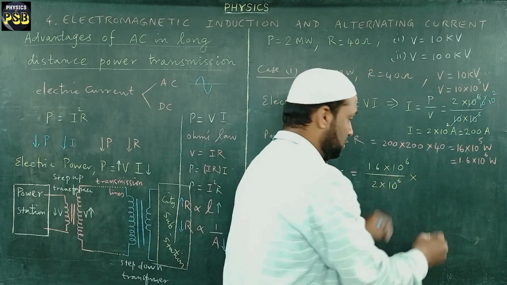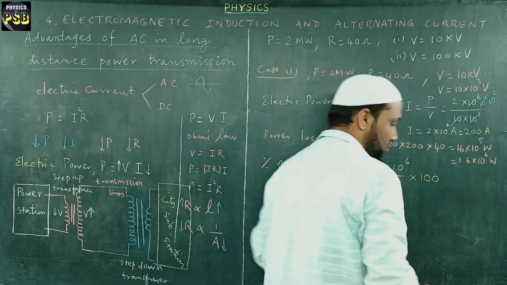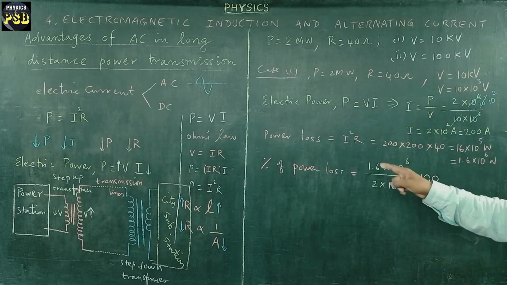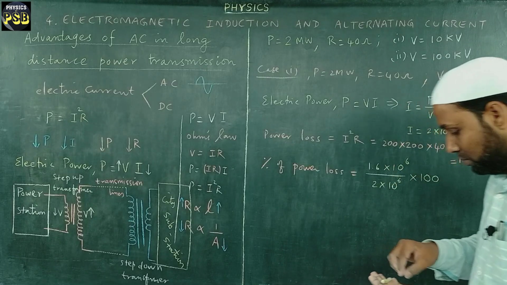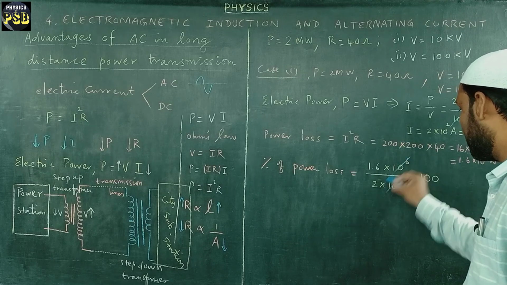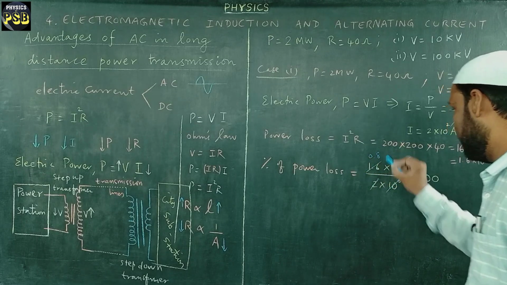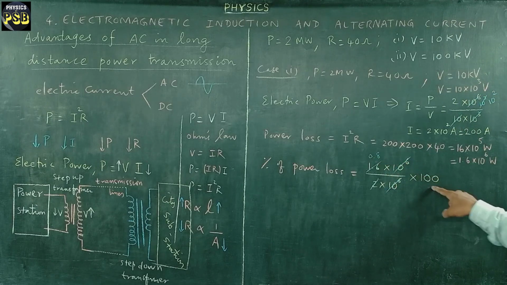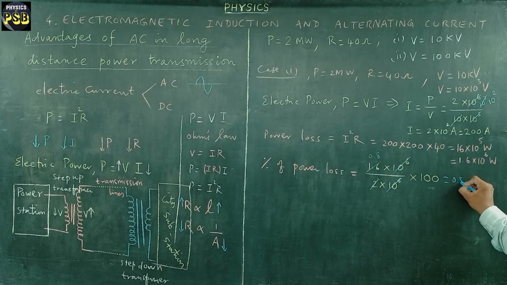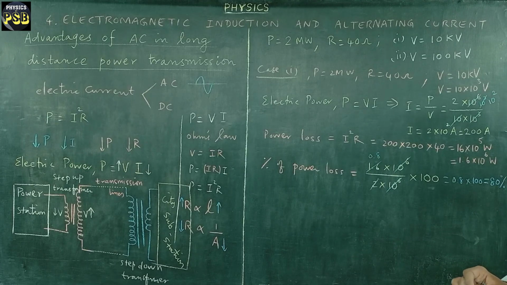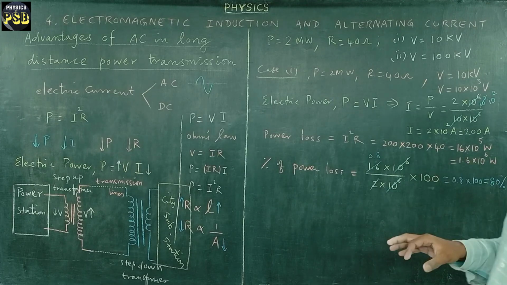Then the whole term is multiplied by 100 to get the value in percentage. You see what I get now? This and this get cancelled, and I get 0.8 here. 0.8 multiplied by 100 is equal to 80. So 80% of the power goes waste.